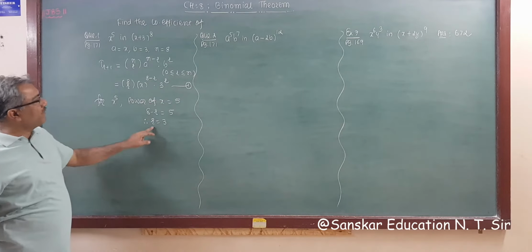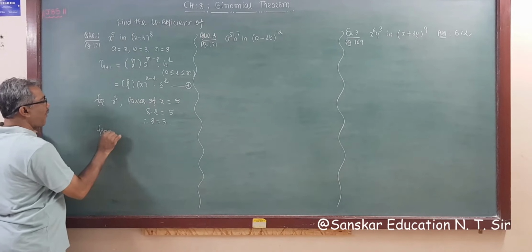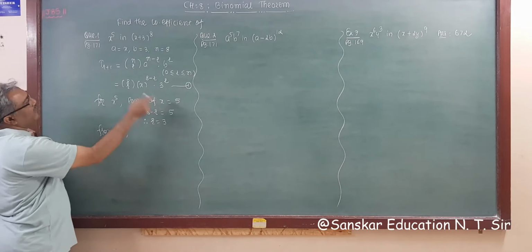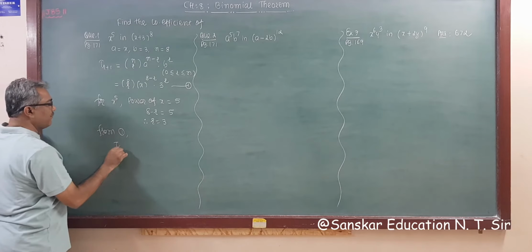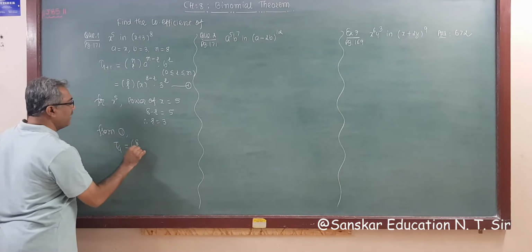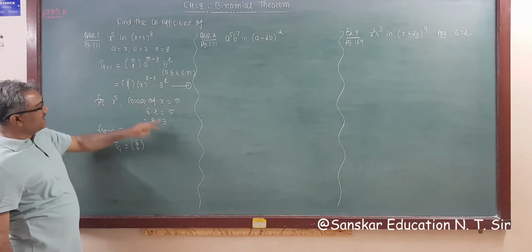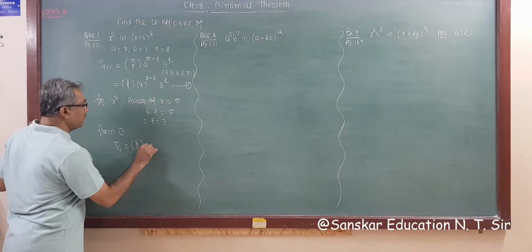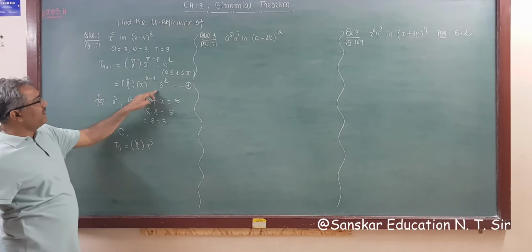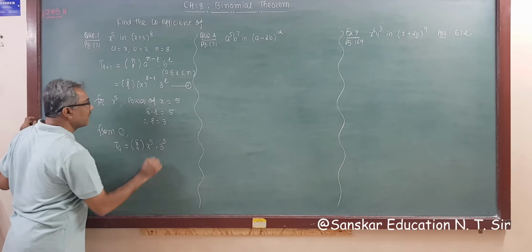So substituting r equal to 3 here in 1, r equal to 3 means we get T4. So T4 is equal to 8C3, x raised to 8 minus r, that is 8 minus 3 is 5, and 3 raised to r means 3 raised to 3. Right?